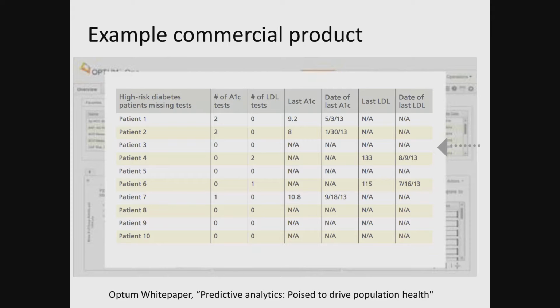And you see that for each patient, we're listing the number of A1C tests, the last time, the value of the last A1C test, the date it was performed. And in this way, you can notice, this patient is at high risk of having diabetes, but look, they haven't been tracking their A1C. Maybe they have uncontrolled diabetes. Maybe we need to get them into the clinic, get their blood tested, see whether maybe they need a change in medication and so on. So in this way, we can stratify the patient population and think about interventions that can be done for that subset of them.